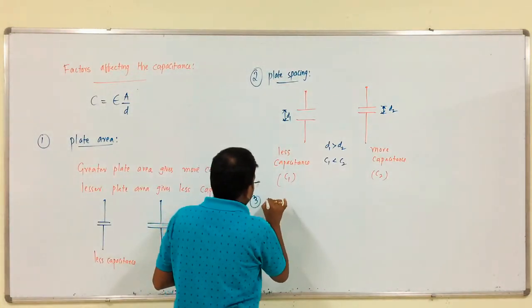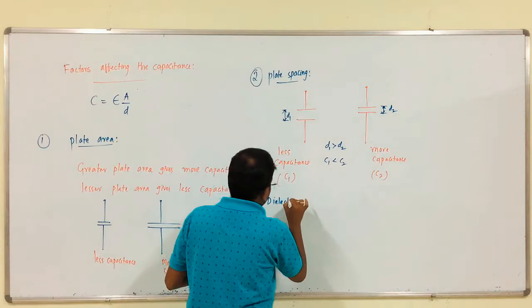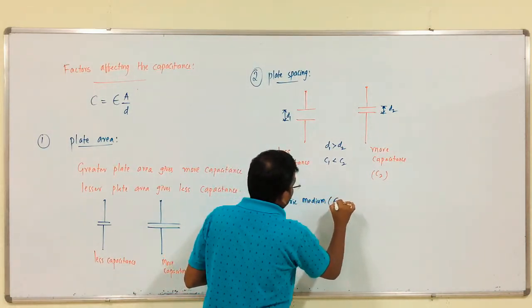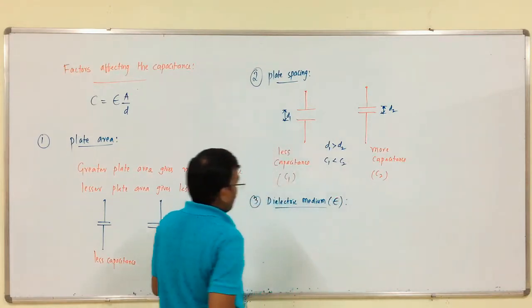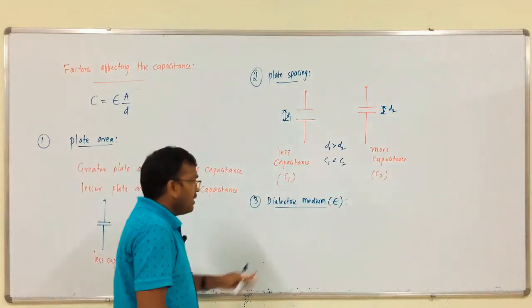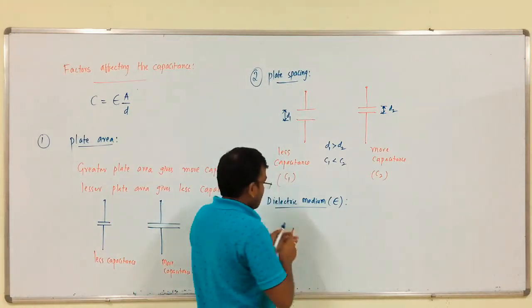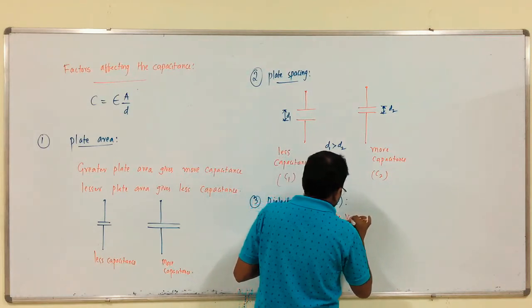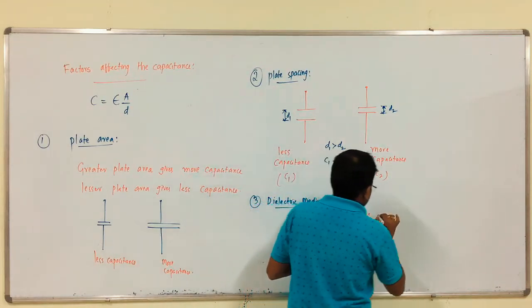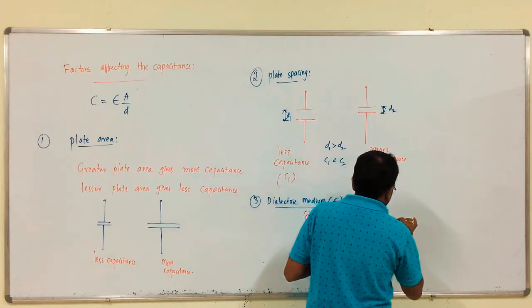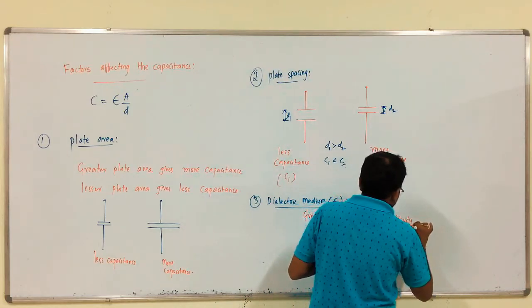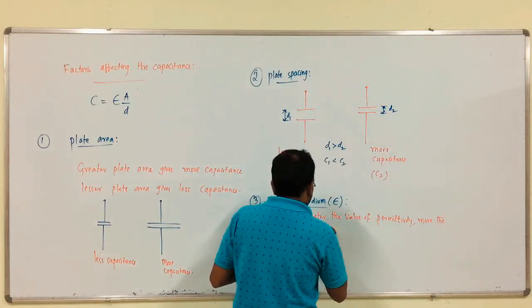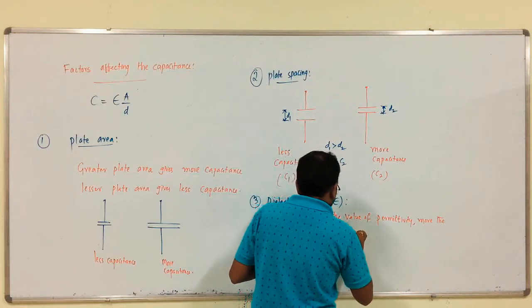Next one, dielectric medium, which depends upon permittivity. The greater the value of permittivity, the more the value of capacitance.